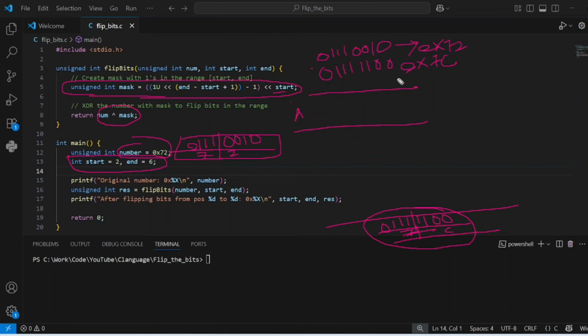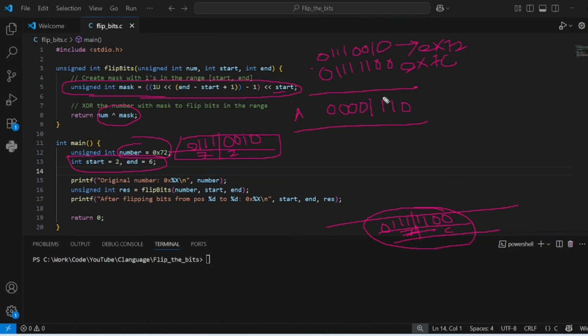If both inputs are 0, the output is 0. If both inputs are 1, the output is 0. Otherwise it is 1. So here both inputs are 0, so the output is 0. 1 and 0 is 1, 1 and 0 is 1, 1 and 0 is 1, 1 and 1 is 0, 1 and 1 is 0, 1 and 1 is 0, and 0 and 0 is again 0.